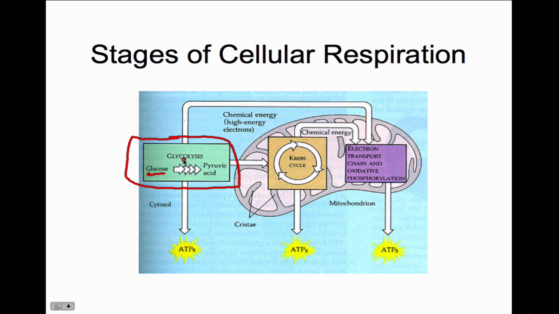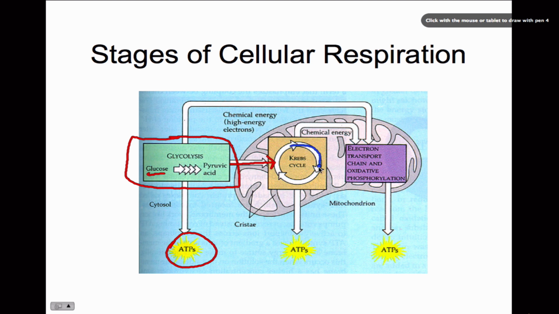In the stage glycolysis, that glucose molecule is broken down, and we end up with 2 molecules of pyruvic acid and 2 ATPs that are generated. And then the process goes into the next cycle, which is the Krebs cycle.